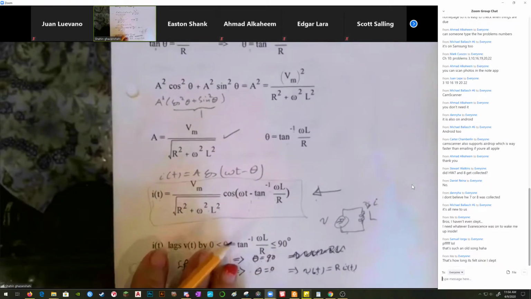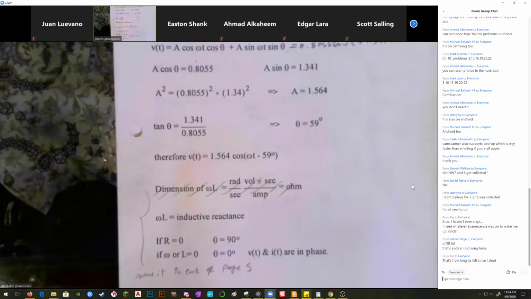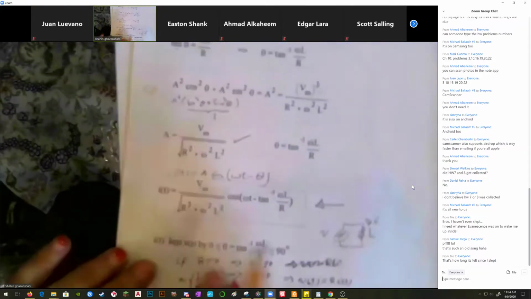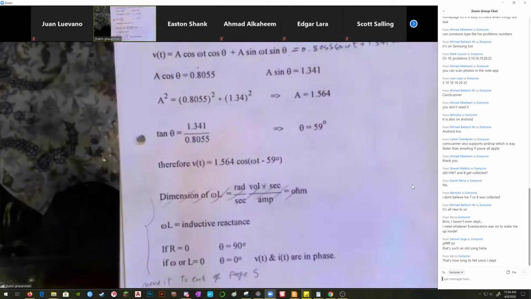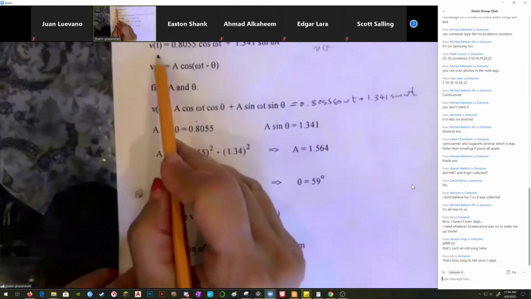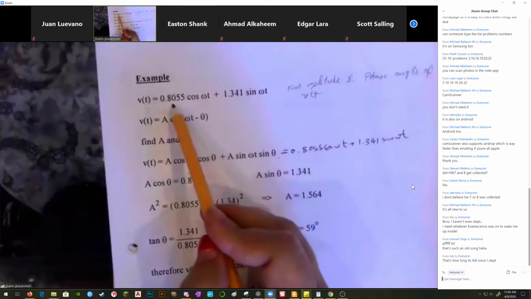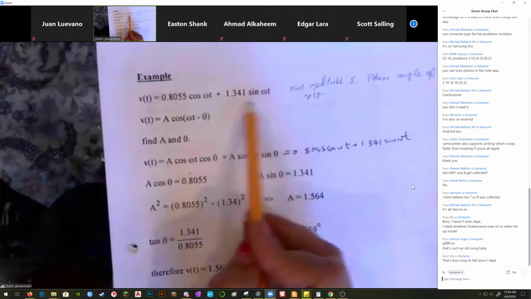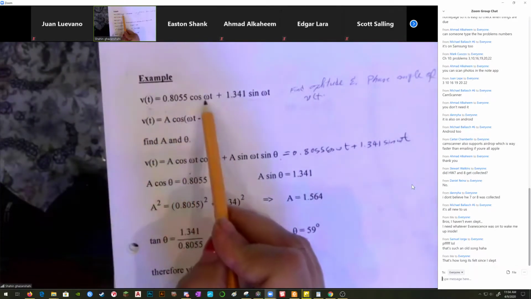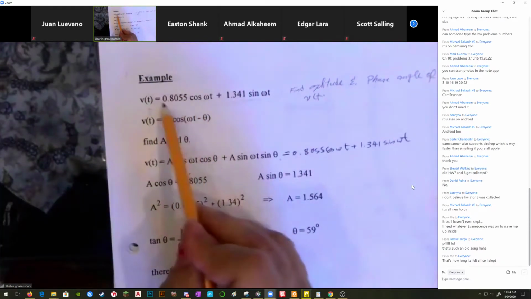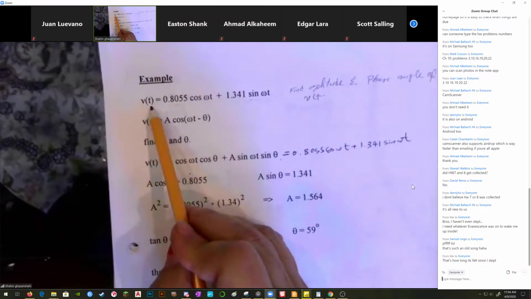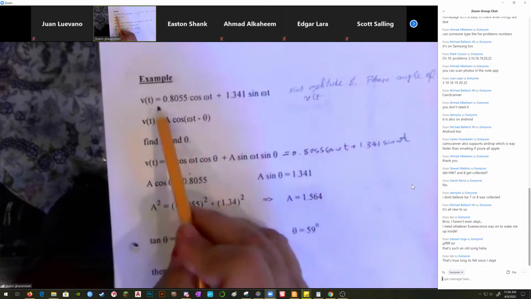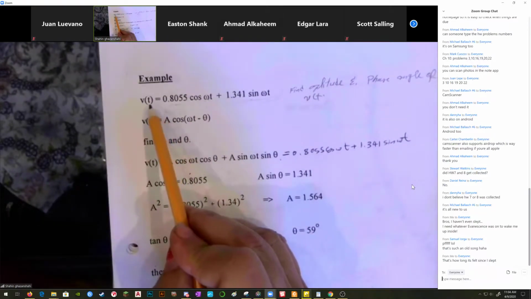Now, imagine I solve this equation. In the homework, they give you something similar. They give you this, and they say this is my voltage, with this coefficient times cosine plus this coefficient times sine, and they ask you to find the amplitude and the phase angle of v of t.